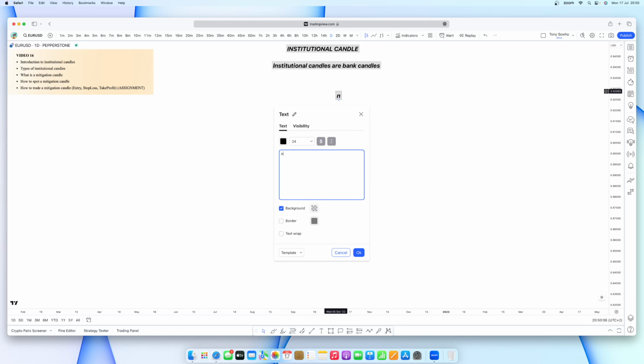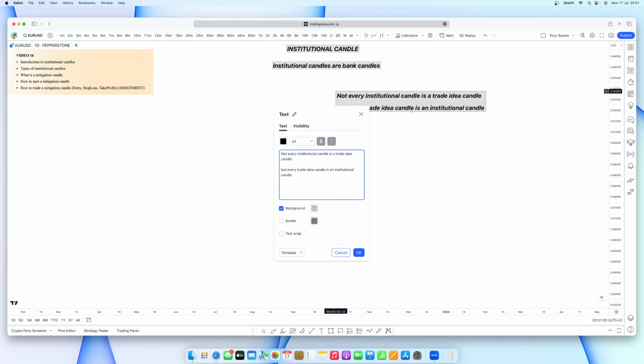How do I put this? Not every institutional candle is a trade idea candle, but every trade idea candle is an institutional candle.